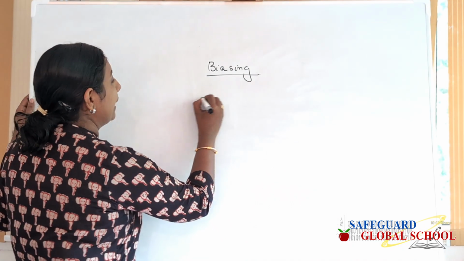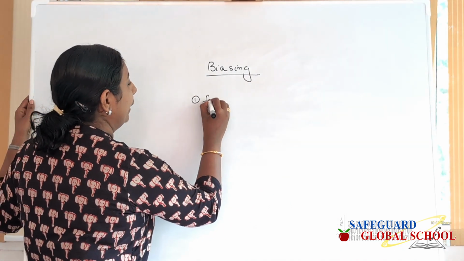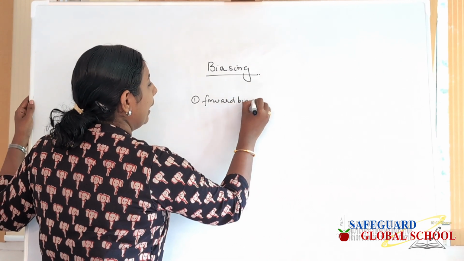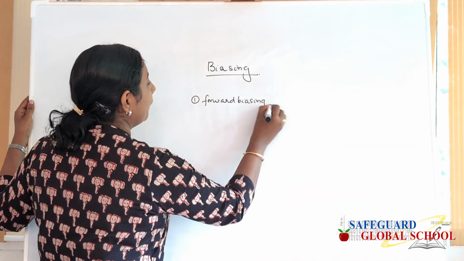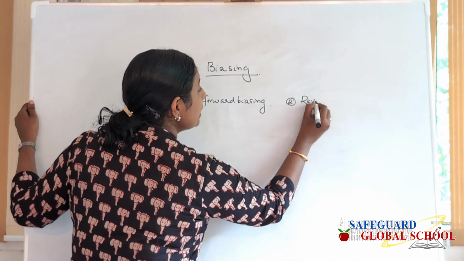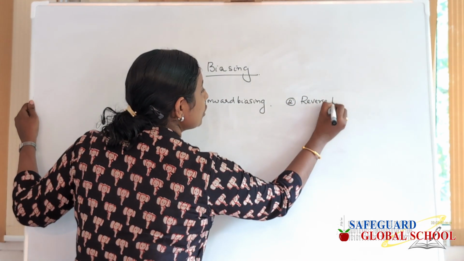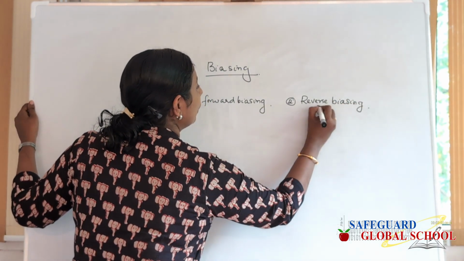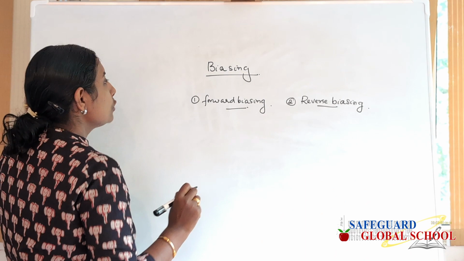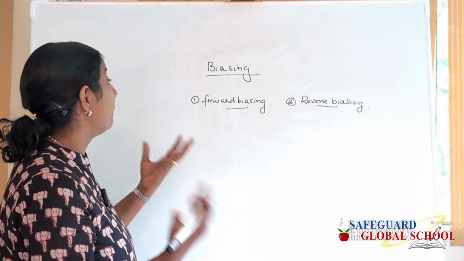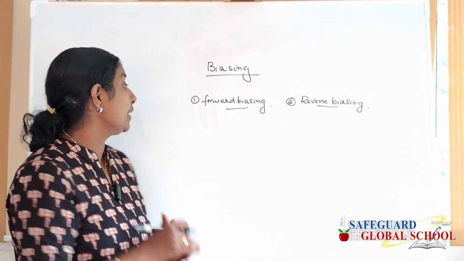The first is called forward biasing and the second is called reverse biasing. So how will you do forward biasing and reverse biasing? Biasing is the act of applying a cell or a battery to a PN junction diode.